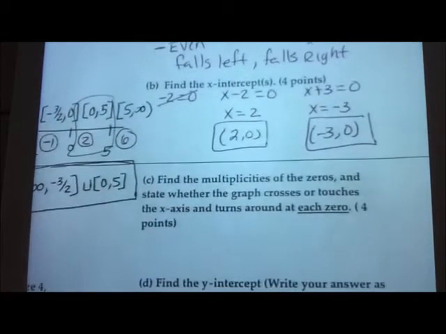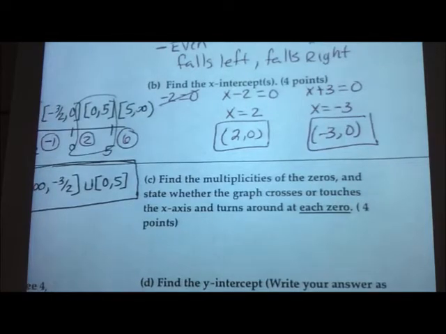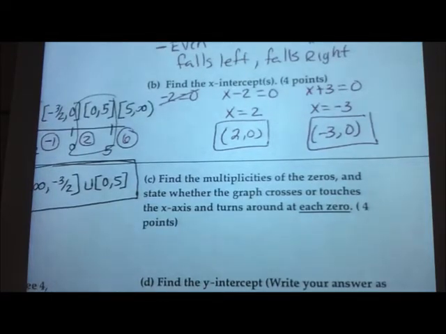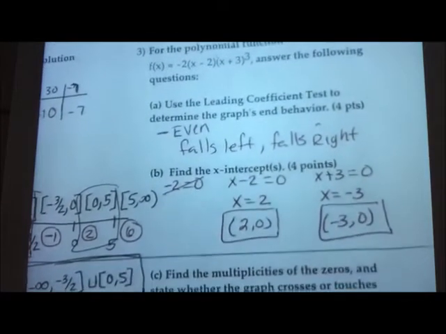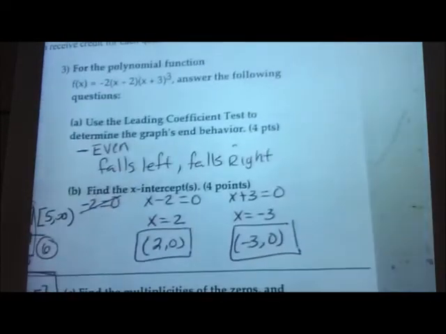Now, the next one: find the multiplicity of the zeros and state whether the graph crosses or touches the x-axis and turns around at each zero. Do you remember how you determine the multiplicity? You put it in the calculator, but it's also by looking at the equation.